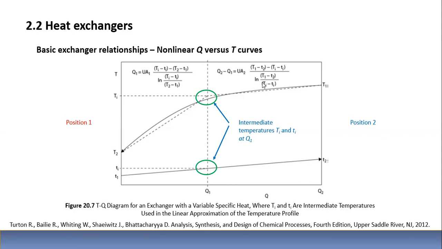So now if we have this other zone, the difference will be what? T1 minus t2... then we have Ti minus ti, divided by the natural log of (T1 minus t2) divided by (Ti minus ti), just like you see there, times the area of the second section and the overall heat transfer coefficient, which is assumed to be constant.